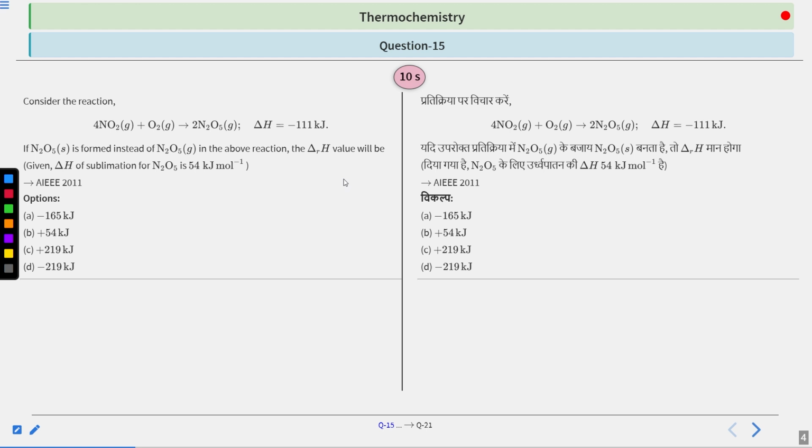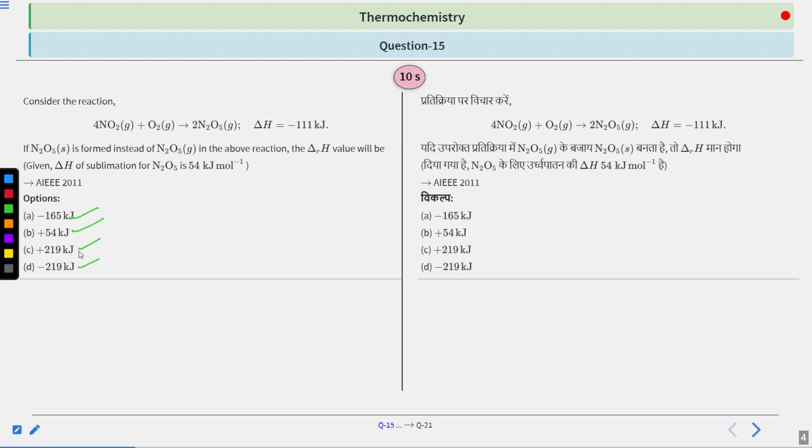If N2O5 solid is formed instead of N2O5 gaseous in the above reaction, the delta rH, that is the enthalpy of reaction, will be given. Delta H for sublimation for N2O5 is 54 kilojoule per mole. Your options are A minus 165 kilojoule, B plus 54 kilojoule, C 219 kilojoule, D minus 219 kilojoule.